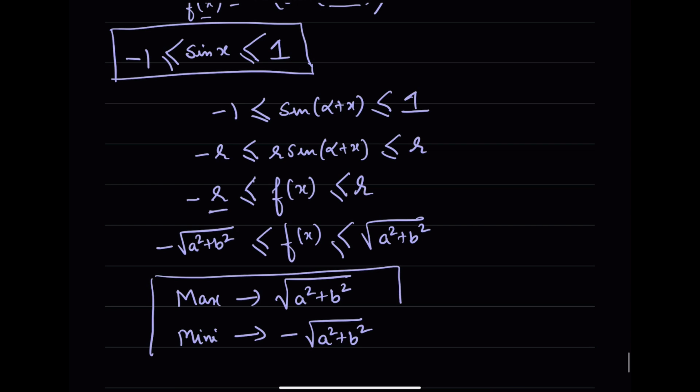This is an important finding which we will use to solve a couple of questions in this video. So please watch up to this point again so that you understand how we arrived at the maximum and minimum values. Now let's solve a couple of questions so that you get a better understanding of this concept.